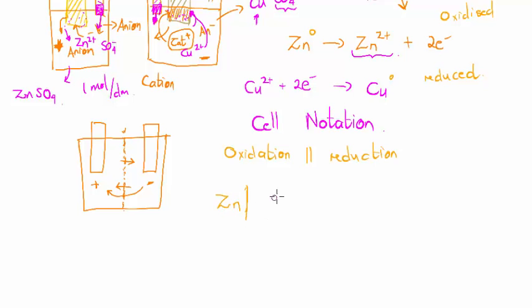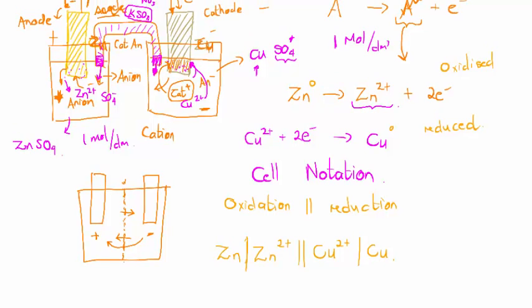So zinc went from being zinc to being zinc 2 plus. Then we had a salt bridge, and then we had copper going from copper 2 plus to become copper by itself.